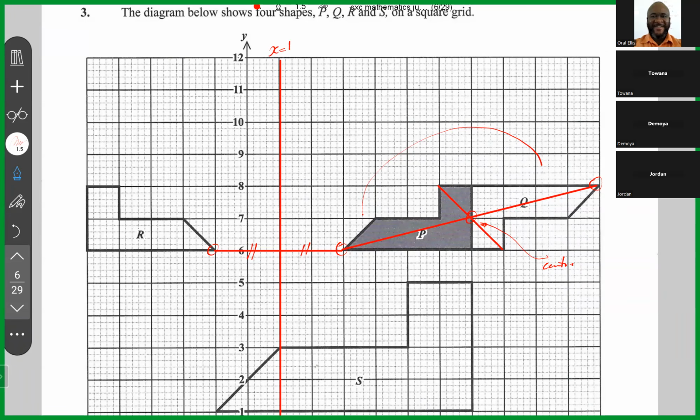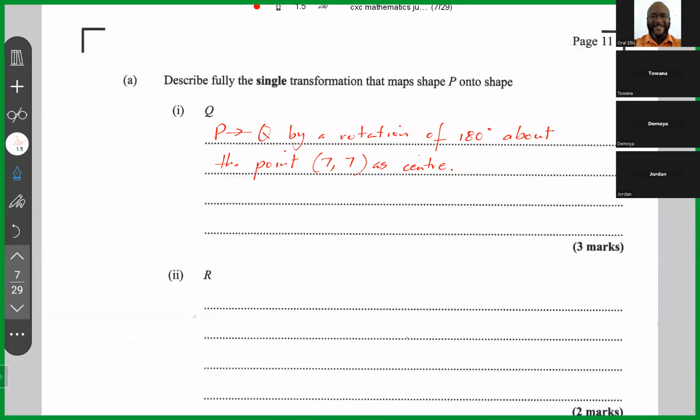So now I can say that the shape P is mapped onto the shape R by a reflection in the line X is equal to 1. So X is equal to 1 is the mirror line.